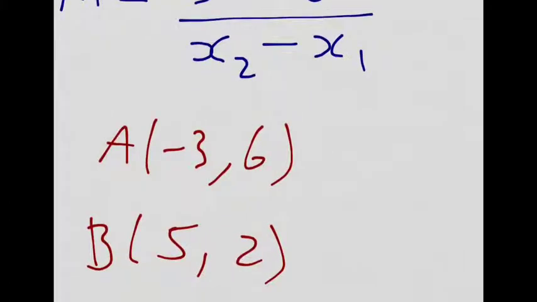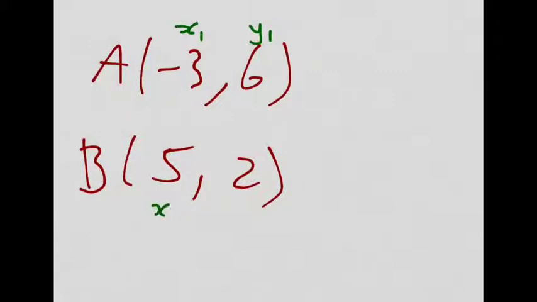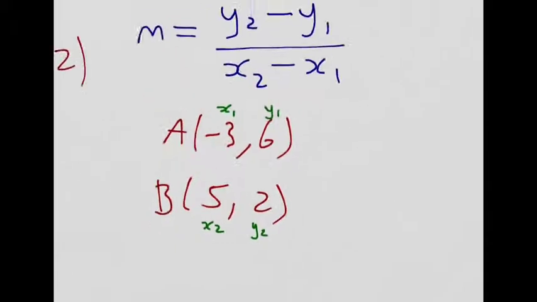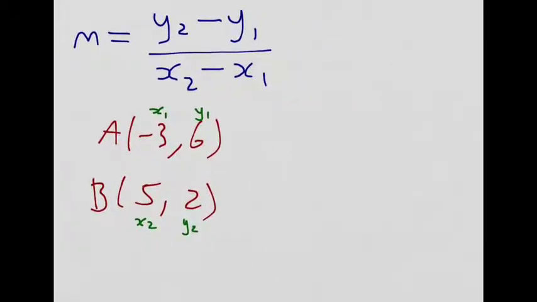Let's just call this one x1 and y1. And we'll call the other one x2 and y2. Okay, and we're going to use the slope formula to find the slope based on those values. Remember, all we're doing is finding the difference in the y values and comparing it to the difference in the x values. With me?